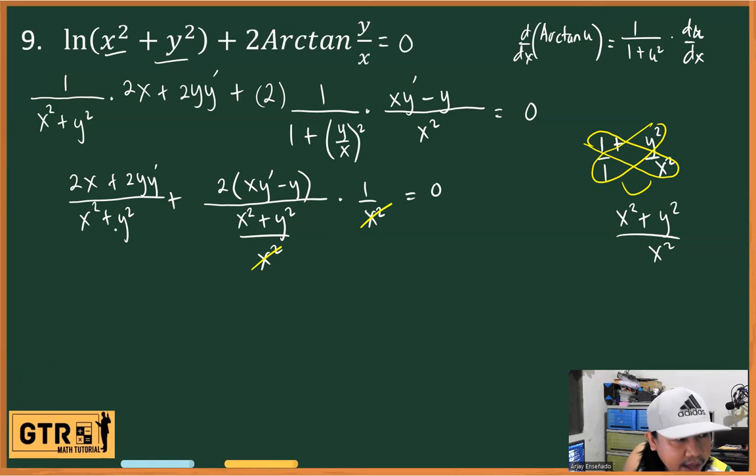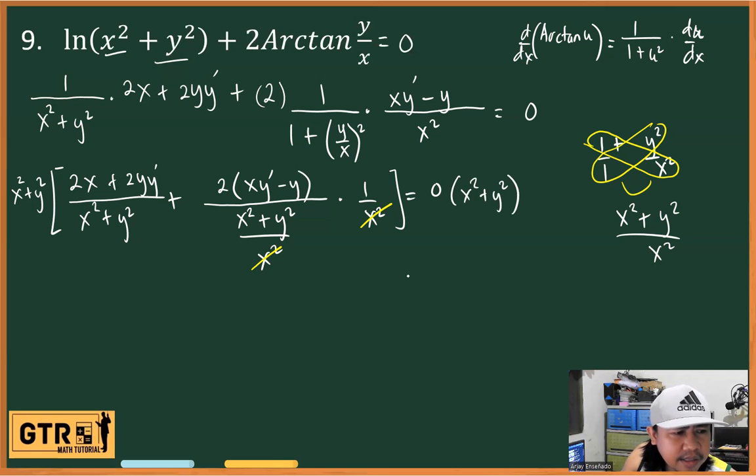Okay, so we have the same term. Our denominator is the same, x squared plus y squared and x squared plus y squared. So that means we can combine the numerator. Or since this is equal to 0, we can multiply both sides of the equation by our denominator, x squared plus y squared.